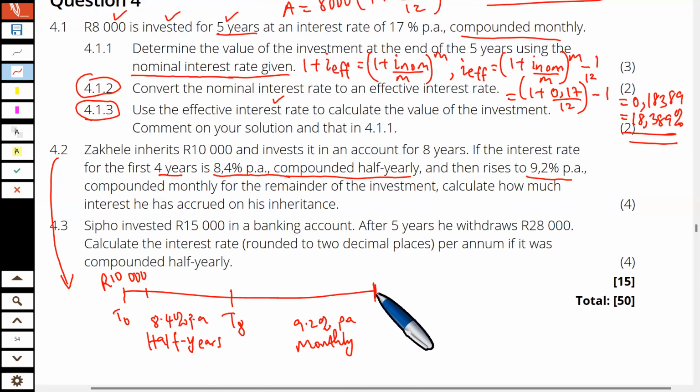Right, so in other words, for the first 4 years, there's going to be 8.4% compounded half yearly, and then rises to 9.2% monthly for the remainder of the investment.